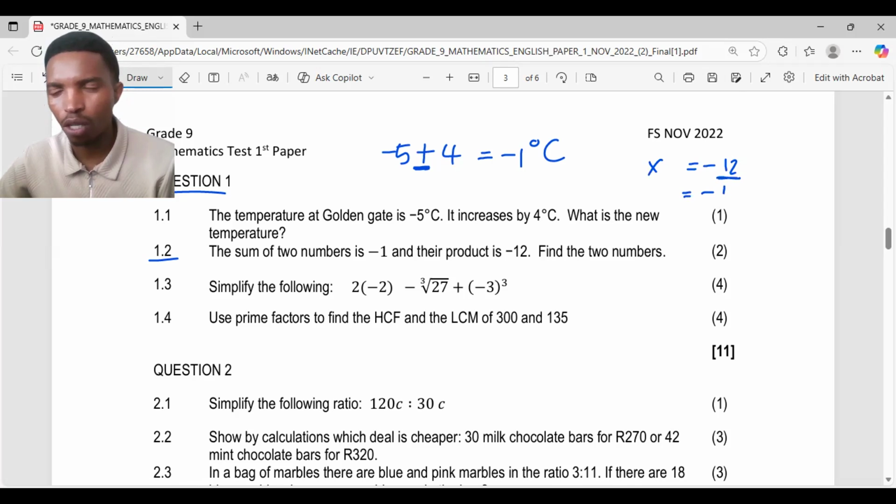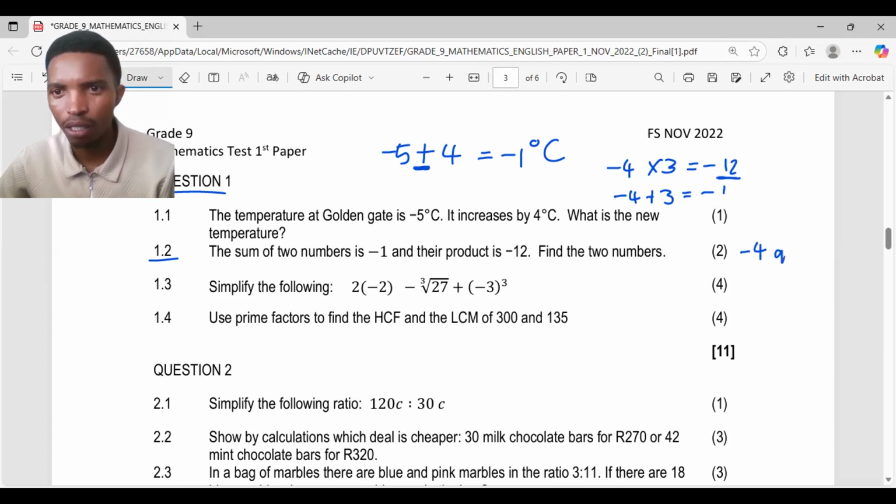It should be factors of 12, right? So let's say for instance we have -4 times 3, how much is that? It's -12. And -4 plus 3 is how much? -1, right? So what are those two numbers? Those two numbers are -4 and 3.